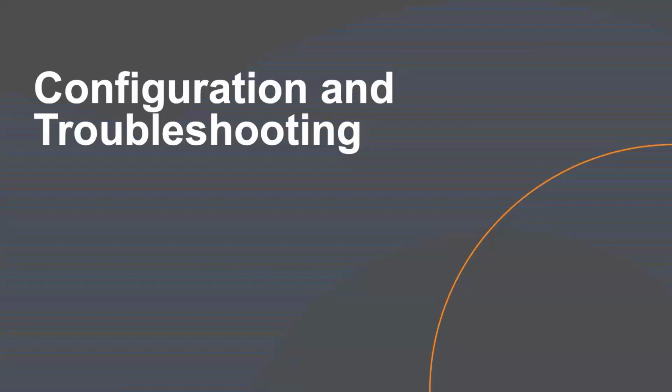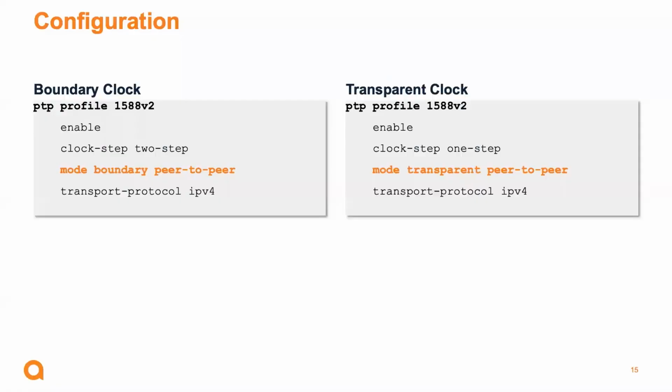So some details on configuration and troubleshooting. There's not much here. The configuration, if you know how to configure end-to-end delay, changing that for peer-to-peer delay is extremely simple. And here's how it looks. So as we like to say, it is half a command. So you go to the profile. In this case, I'm using the default profile, but it could be any.